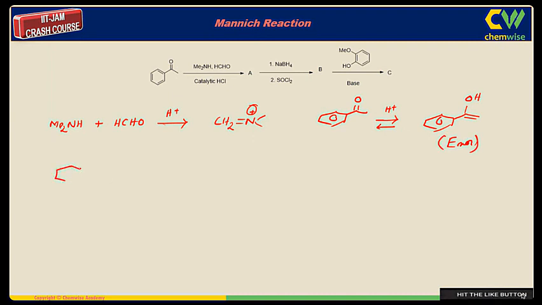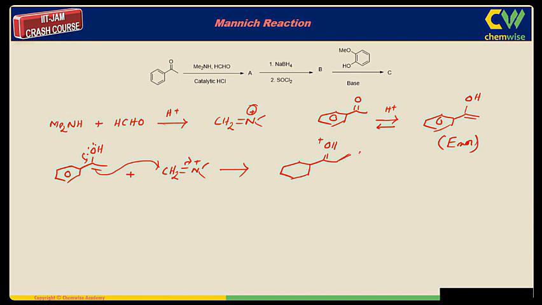Now, we have this enol plus this iminium ion, plus double bond OH plus, and here we have this CH2, one more CH2, this is N. So this is the new carbon-carbon bond formation.